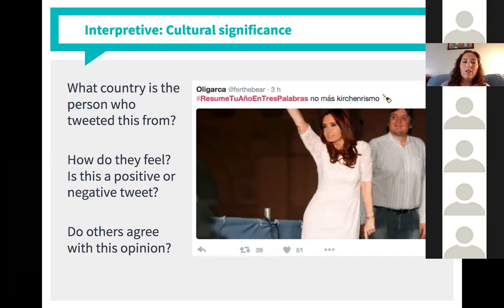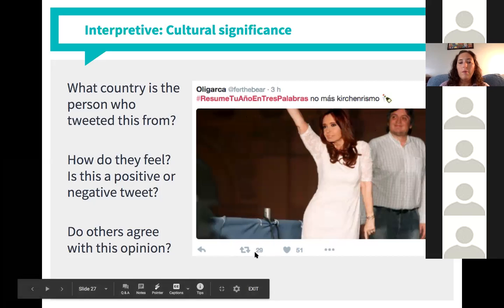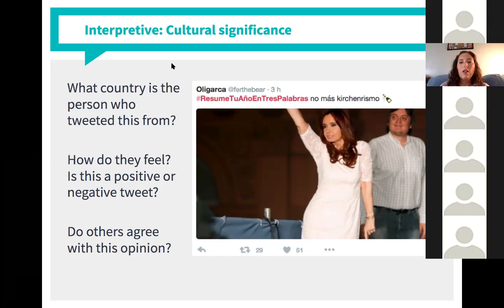How do they feel? Is this a positive or negative tweet? And so you can see the champagne over here, so you can take that into consideration. Do others agree with this opinion? That's something else you can ask based on if there are retweets and likes at the bottom. So just kind of getting all the information out of the visual that you can.